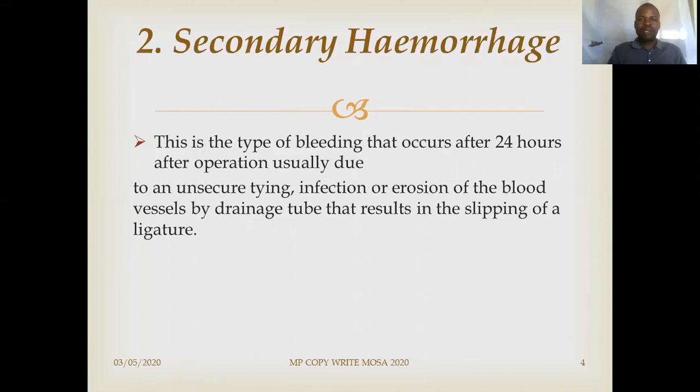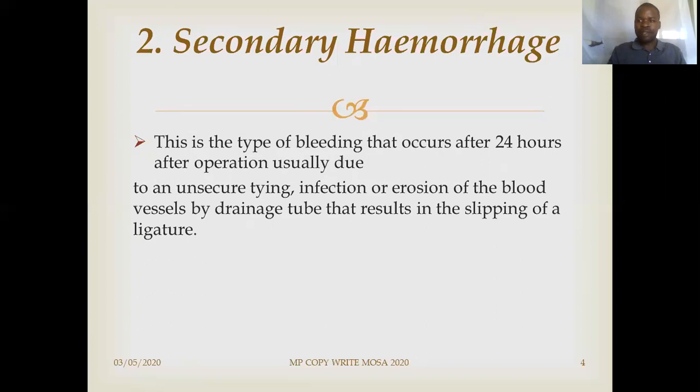The second type of hemorrhage is secondary hemorrhage. This is the type of bleeding that occurs after 24 hours after an operation. It's usually due to an acute infection or erosion of the blood vessels by drainage, or the slipping of the ligature.